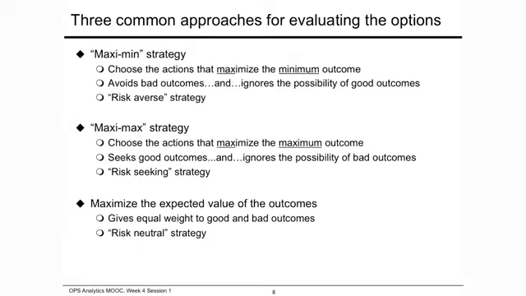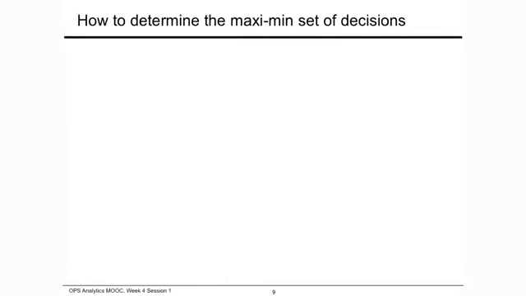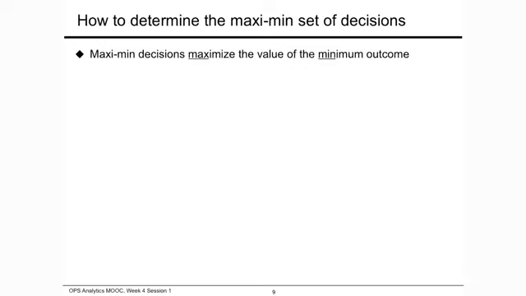We can use IDEA's decision tree to determine each of those strategies, and that's what we're going to do next. So first we'll start with maxi-min strategies, and I want to review for you how we're going to determine the strategy. First, remember that maxi-min decisions maximize the value of the minimum outcome. We'll start at the tree's outcomes and work backwards towards its root.